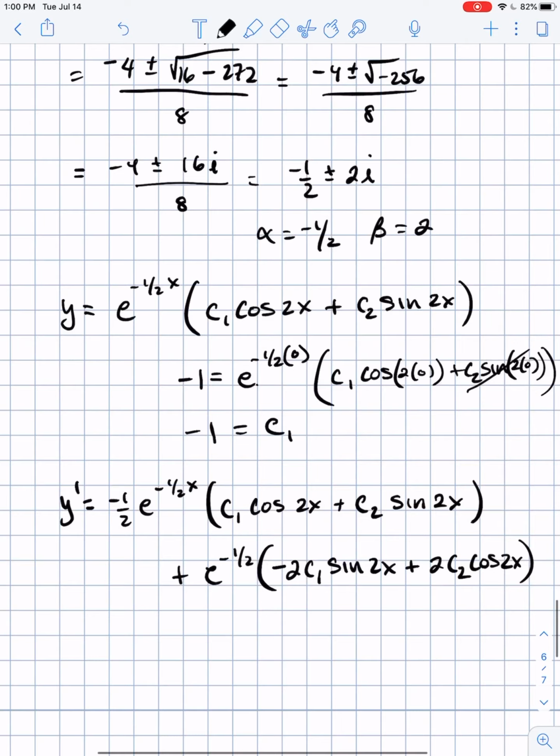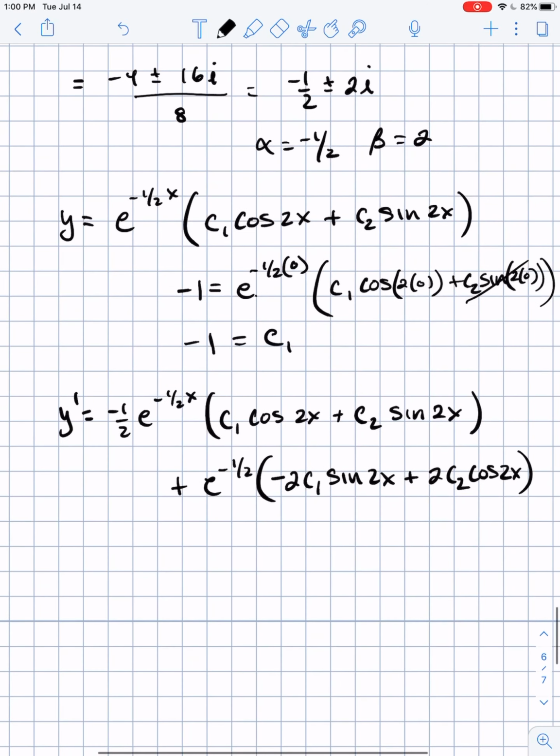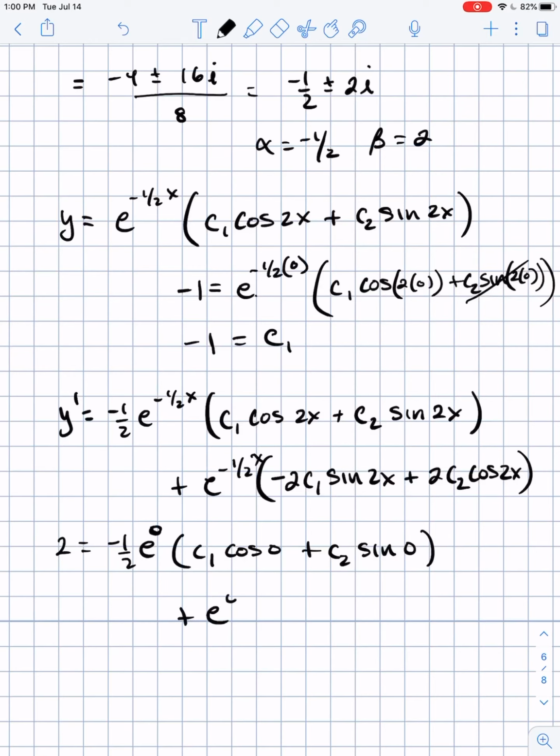Now if we plug in 0 giving us 2, we have 2 equals negative 1/2 e to the 0 times c1 cosine 0 plus c2 sine 0, plus e to the 0 times negative 2 c1 sine 0 plus 2c2 cosine 0.